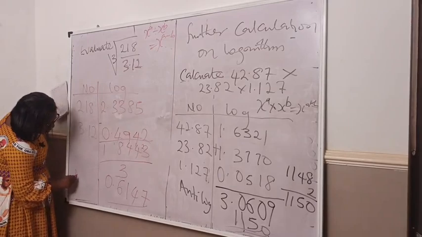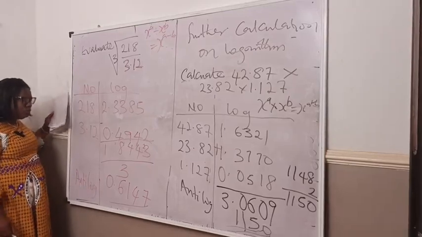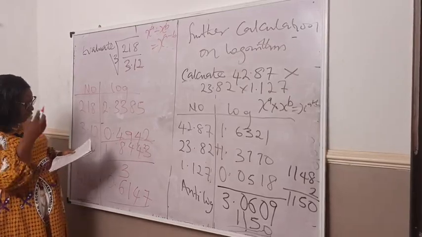We go to anti-logarithm. We look for 61 under 4.